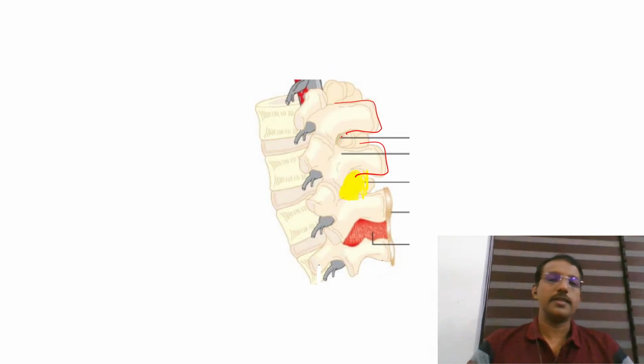And you can see there is a lamina. This is a lamina. Between the spines you have an interspinous space, isn't it? This is the lamina of the spine. Now please see this ligament. The outermost ligament is the supraspinous ligament.